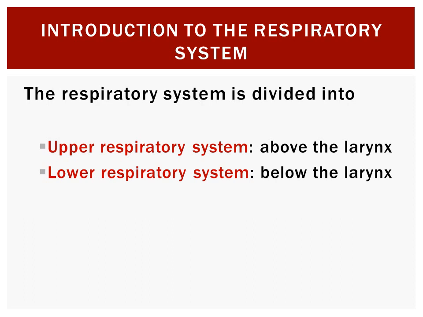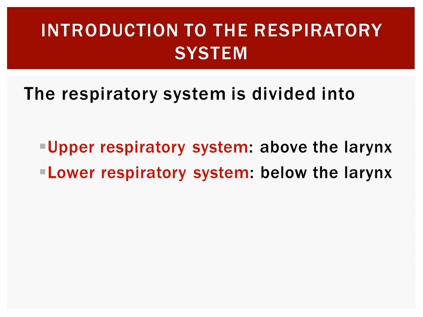For the respiratory system as a whole, it can be divided into the upper and lower respiratory system. All structures that are above the larynx are considered the upper respiratory system.